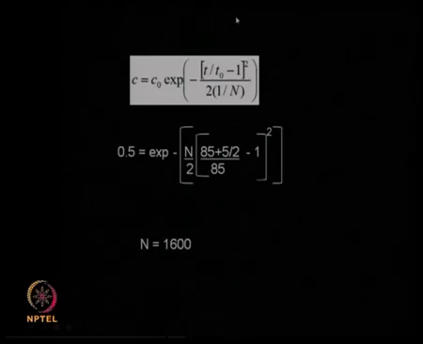The main assumption in this equation is the peak that is getting eluted out of my column is a Gaussian distribution, that means it is a uniformly looking curve. So we make use of the mathematical representation of a Gaussian relationship. It is like this: C is equal to C naught exponent minus T by T naught minus 1 square into 2 sigma square. That is how a Gaussian distribution is going to look.